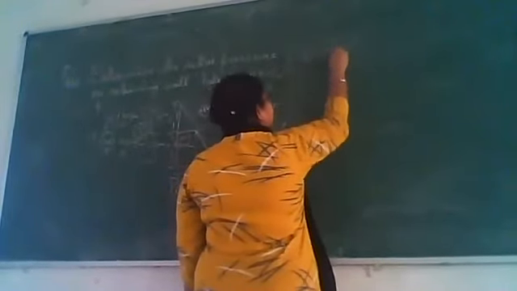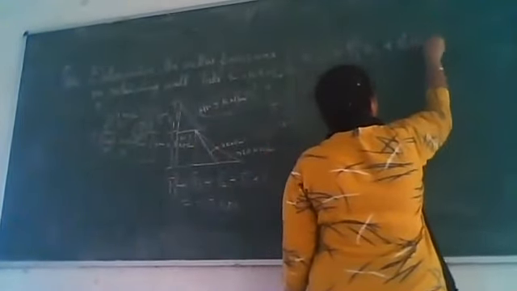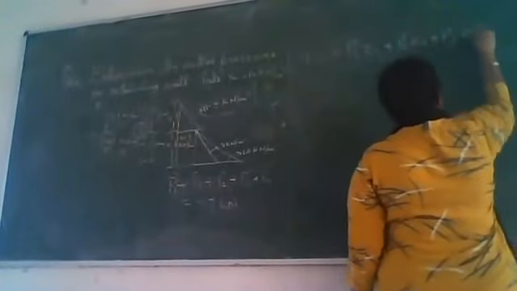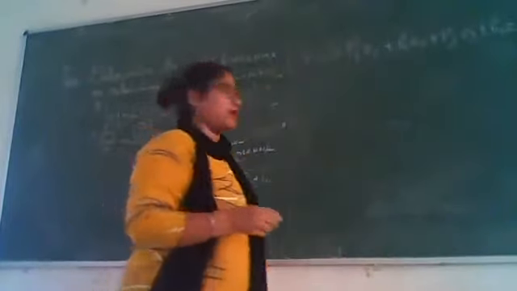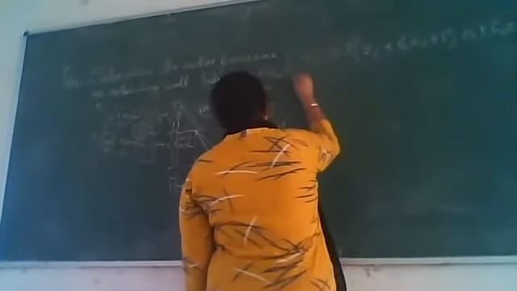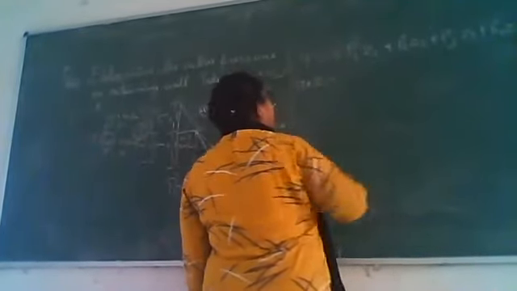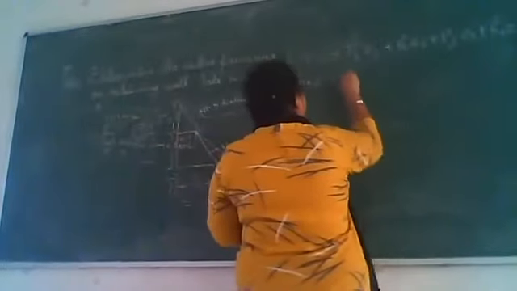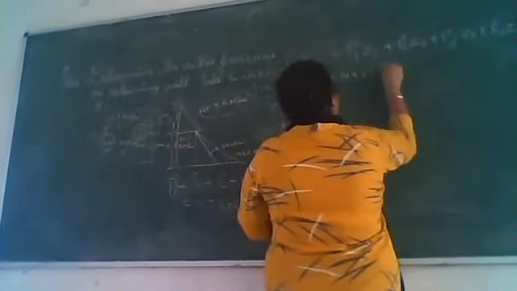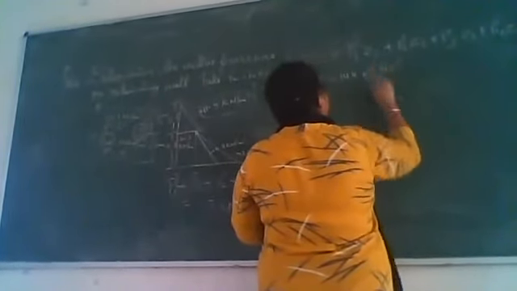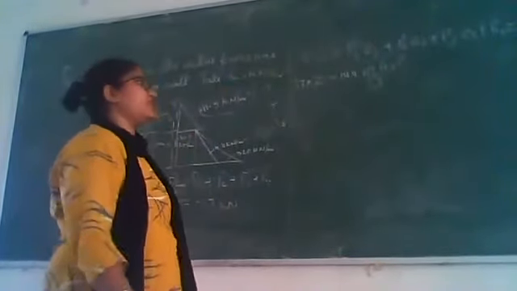P Z equals P1 Z1 plus P2 Z2 plus P3 Z3 plus P4 Z4. This is my formula for PZ. P is 77, and Z we have to calculate. P1 is 14.4, Z is 2.5 plus 2.5 divided by 3. Why 2.5 divided by 3 plus 2.5?